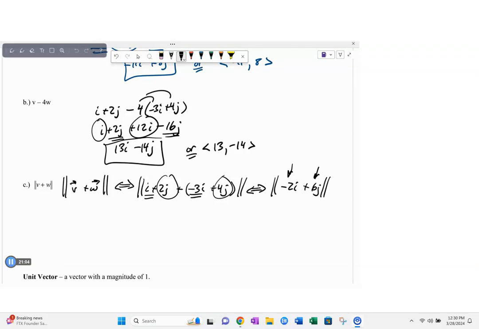And so when I'm finding the magnitude of this, square root of a squared plus b squared. So I got negative 2 is my a, 4 is my j. We got 4 plus 16, I got square root of 20.